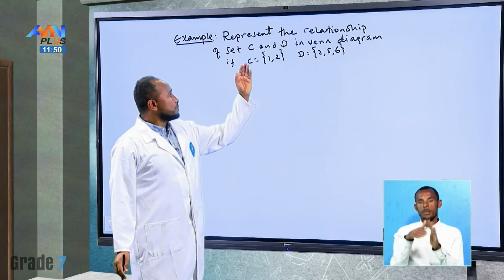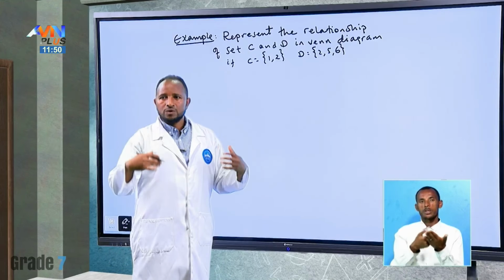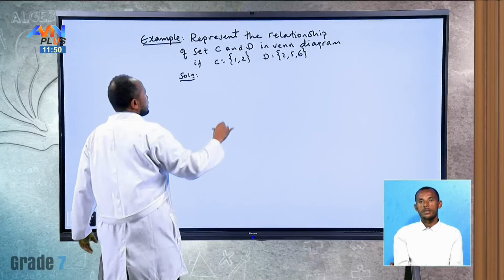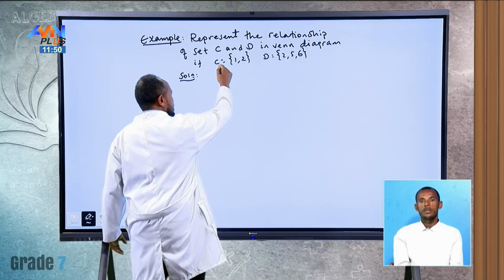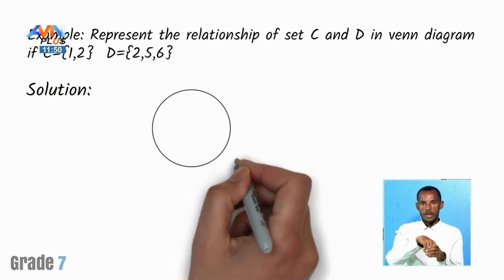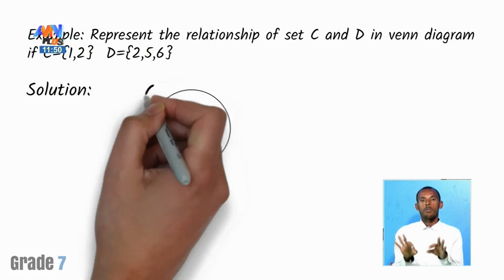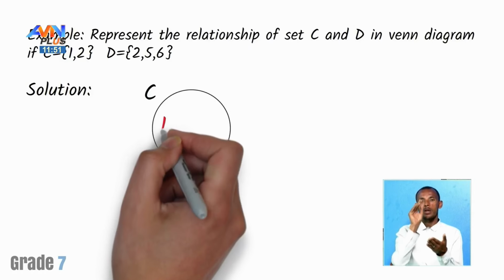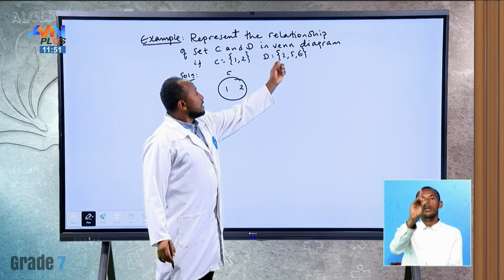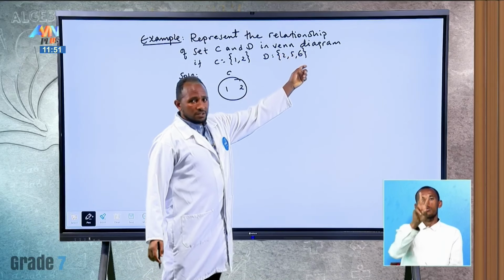Solution. Set C contains these two elements, so inside set C you can put 1 and 2. Set D contains 2, 5, and 6.